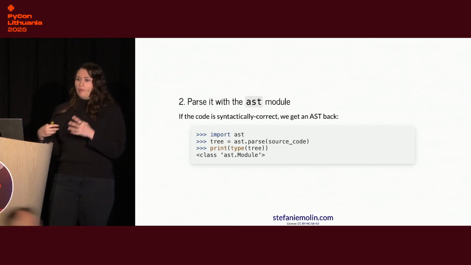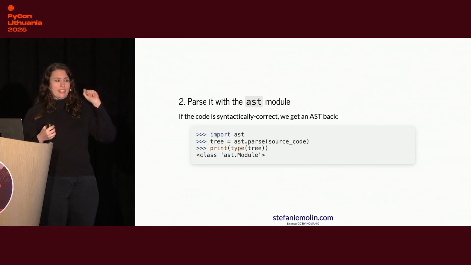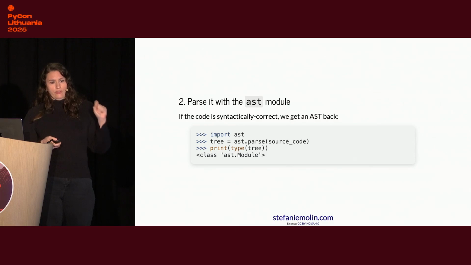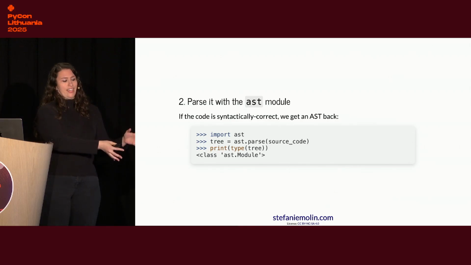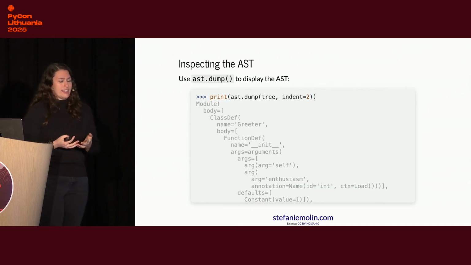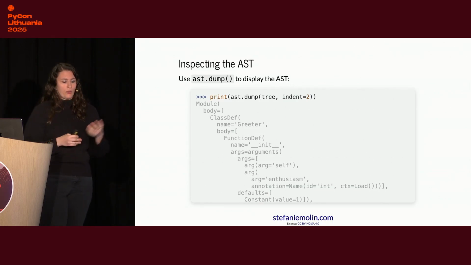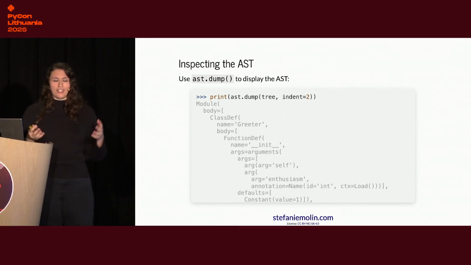So when we ran this code, we got back a tree, represented as a single node, the root node of the tree, which is the module. And logically, this makes sense, right? We are giving it a module of code, and now it gave us a module as the root of that tree.